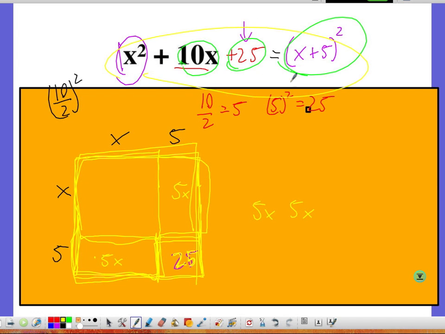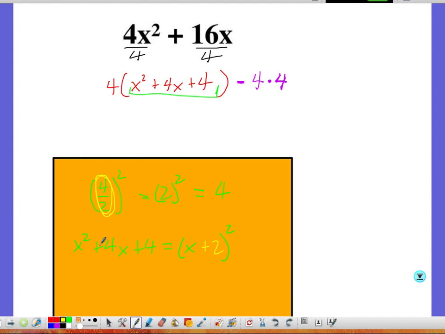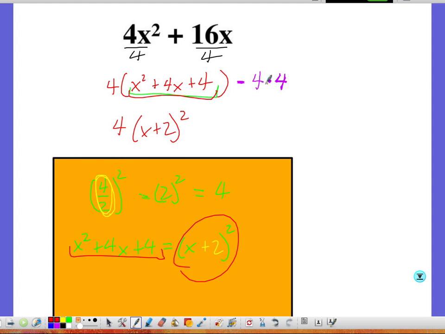Just what I did here. And so instead of having this right here, I'm going to replace it with this. So here's what I have: 4 times (x plus 2) squared minus 4 times 4, which is 16.